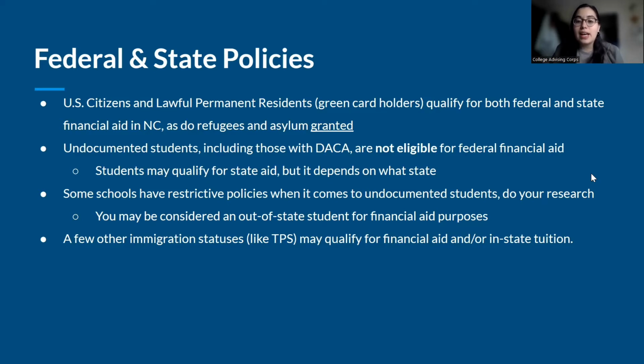Some states give financial aid to undocumented students, and some states restrict undocumented students from applying to public institutions. It's important to know where your state falls. And if you have any other immigration status like TPS, you may qualify for financial aid or in-state tuition, but again, that will vary from state to state. So it's important to know the difference.